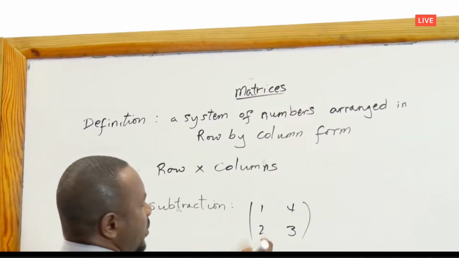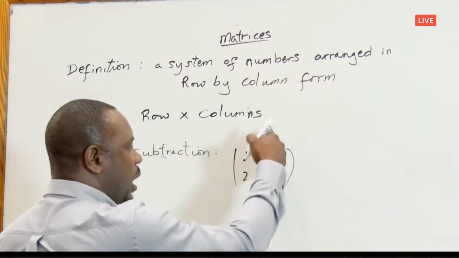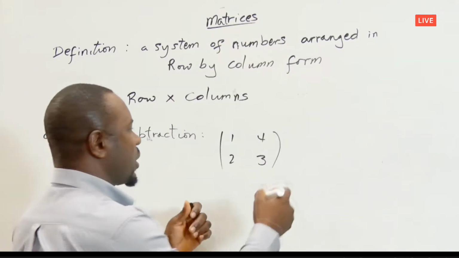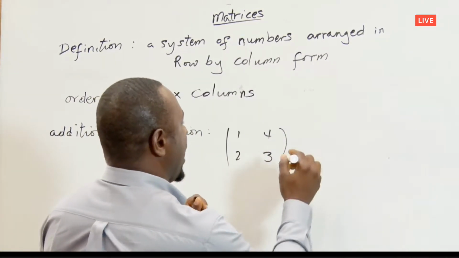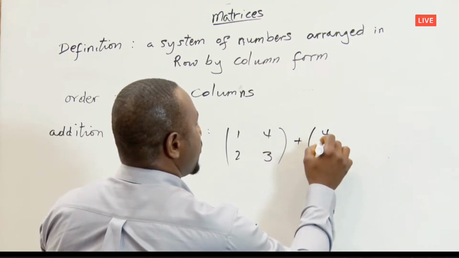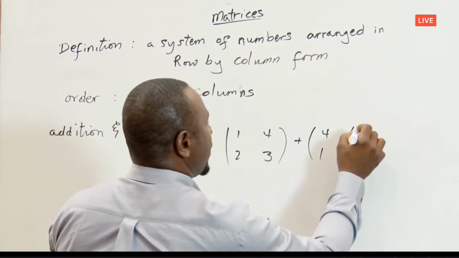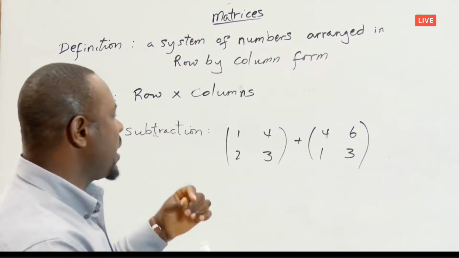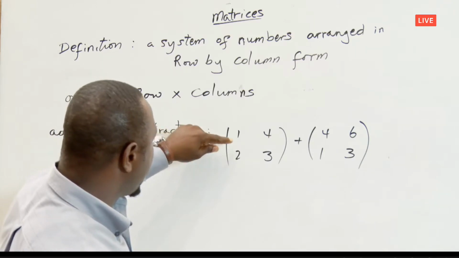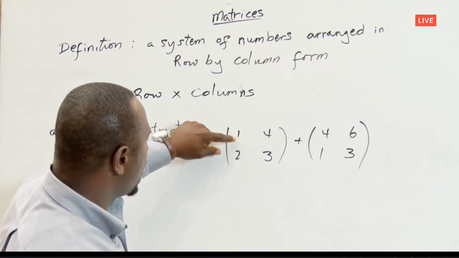So when we have, for example, a matrix A plus a matrix B, if A is the matrix with 1, 2, 4, 3, because it has 2 rows and 2 columns, then the matrix B must also have 2 rows and 2 columns for these two matrices to be able to add to each other. Let's say 4, 1, 6, and 3, for example.